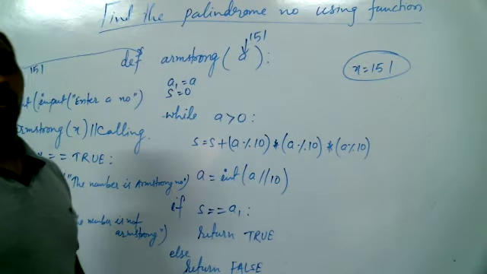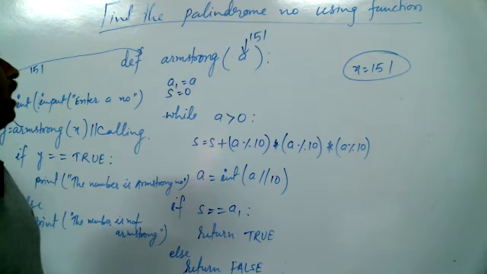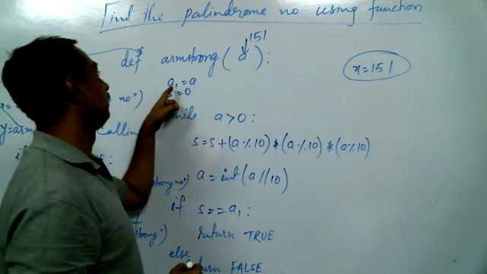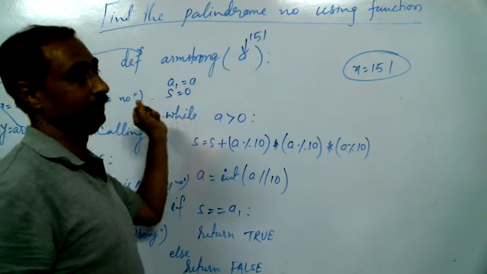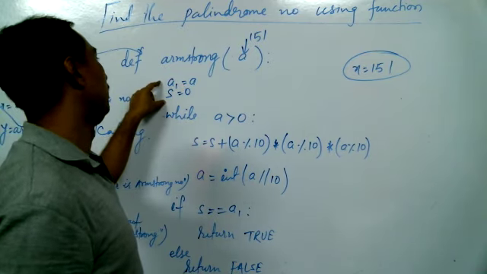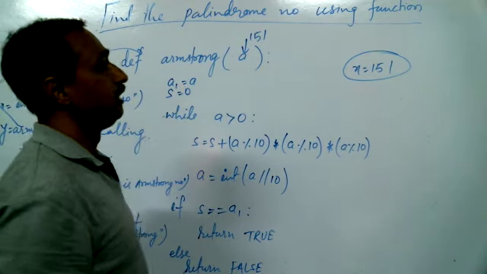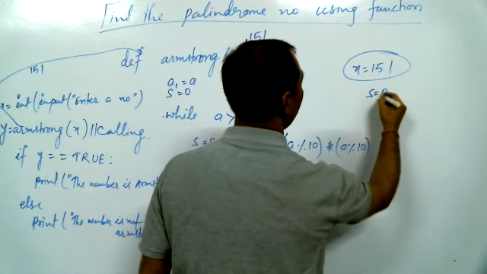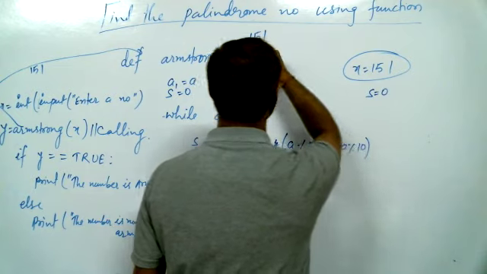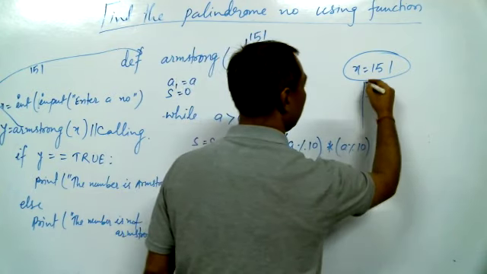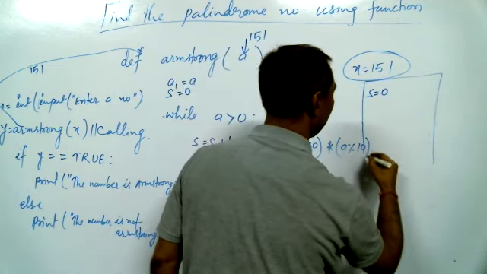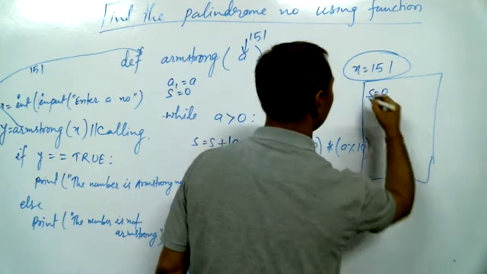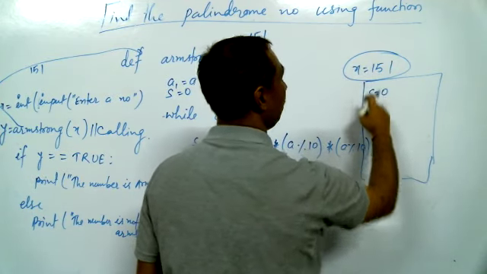I hope you all are understanding. Here, this function is declaring two variables, A1 and S. S is becoming 0. Why did I make the block?